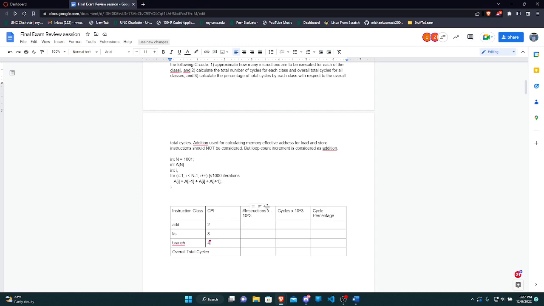Alright, so this one's actually not that bad. So we'll start with add. I'll highlight all the adds. Highlight and do yellow. So this is an add right here. Then we have add, and then add.